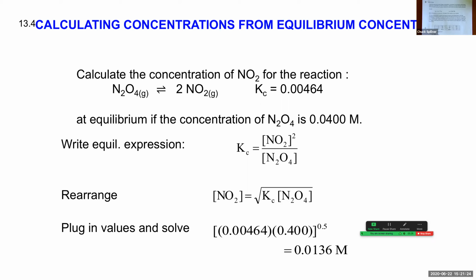So the only correct answer is 0.0136. That's not too hard. If the problem gives you the equilibrium concentrations, it's not very hard to calculate the other ones. A few algebra manipulations, and you can set up an equation that will allow you to solve for the unknown.